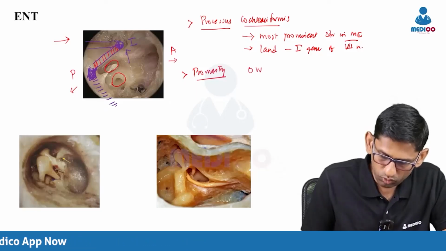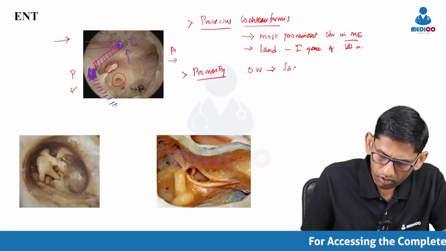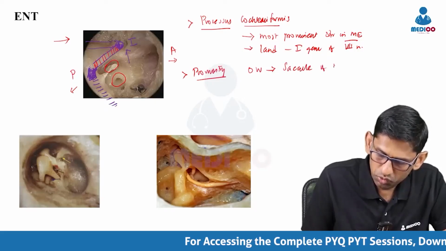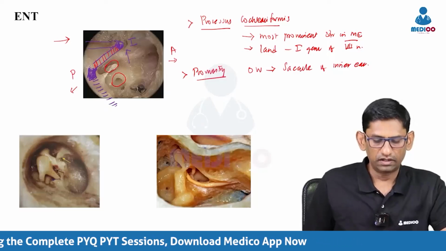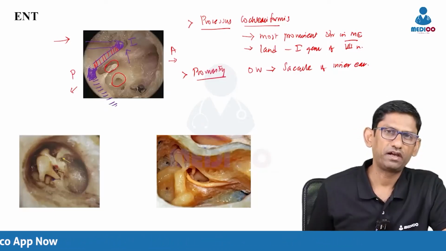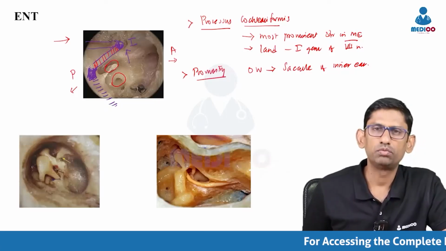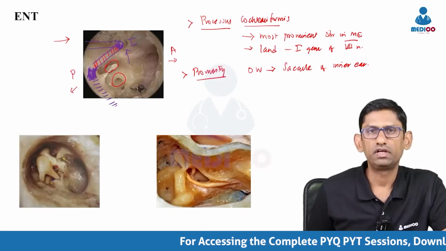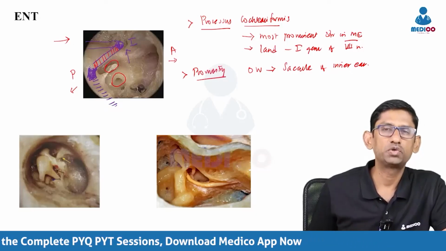Any points regarding the oval window? Yes, the oval window is sitting partly over the saccule of the inner ear. See, from the oval window the sound will be transmitted into the cochlea. This oval window is partly sitting over the saccule part of the vestibular apparatus. So any loud sound will also stimulate the saccule of the inner ear.